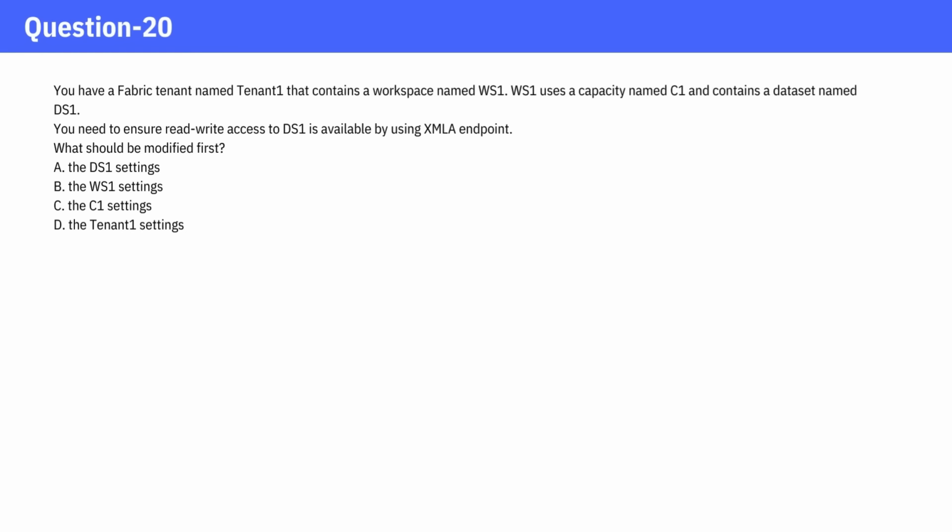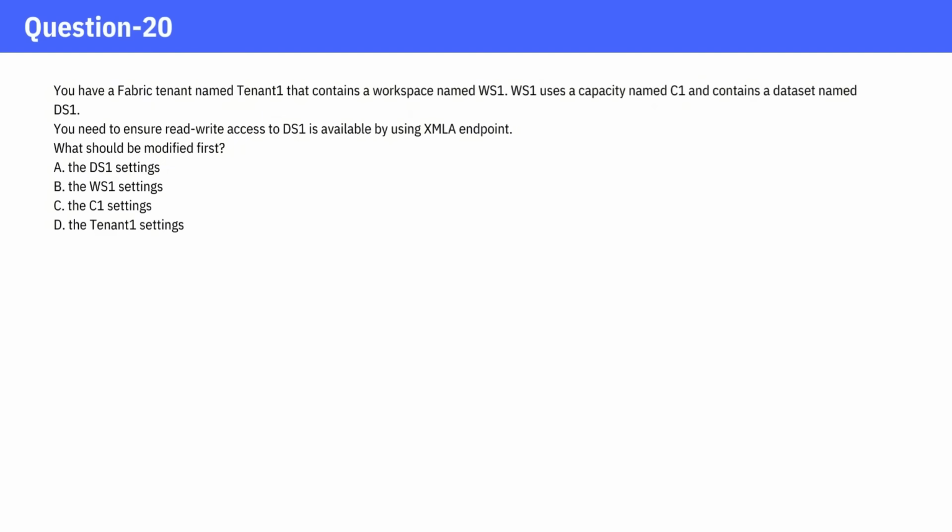Question 20. You have a Fabric tenant named Tenant1 that contains a workspace named WS1. WS1 uses a capacity named C1 and contains a dataset named DS1. You need to ensure read-write access to DS1 is available by using XMLA endpoint. What should be modified first? A. The DS1 settings. B. The WS1 settings.